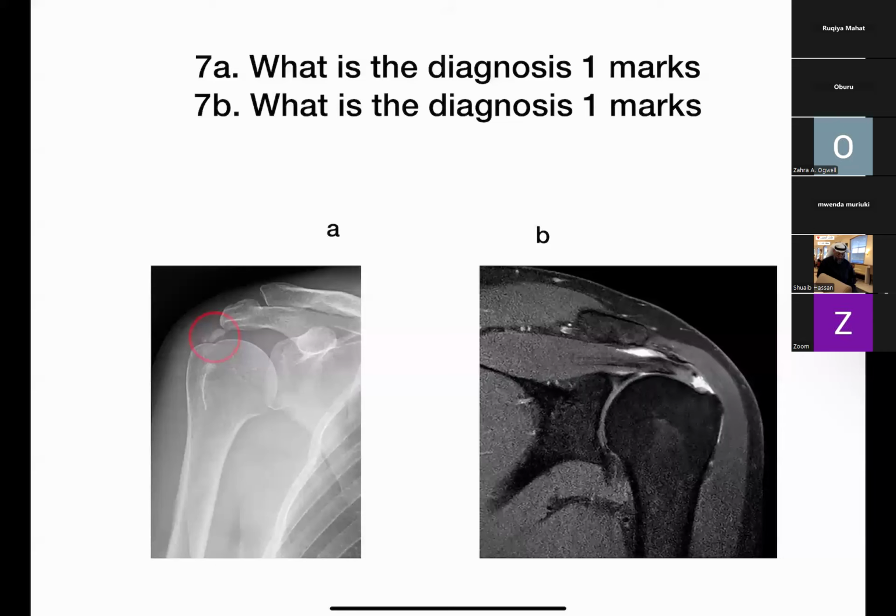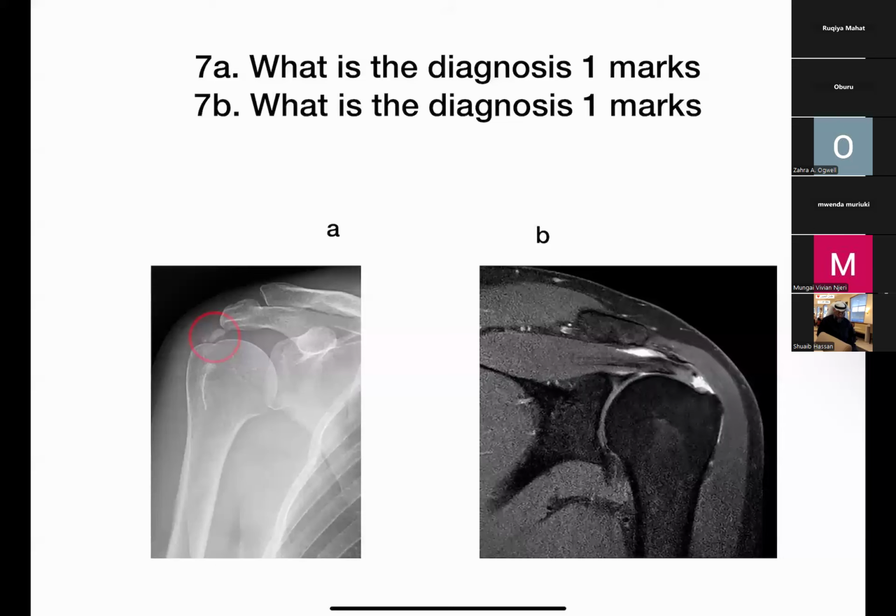What about 7B? So if you're given an MRI scan like that, what about 7B? Is that a rotator cuff tear? Yeah.